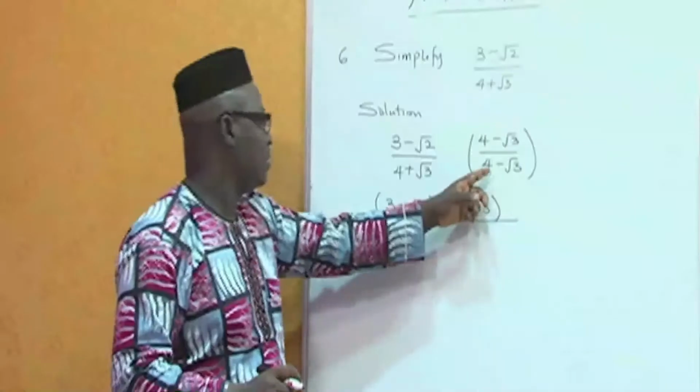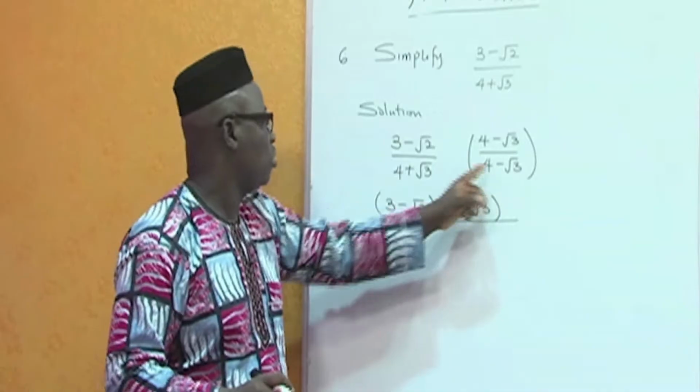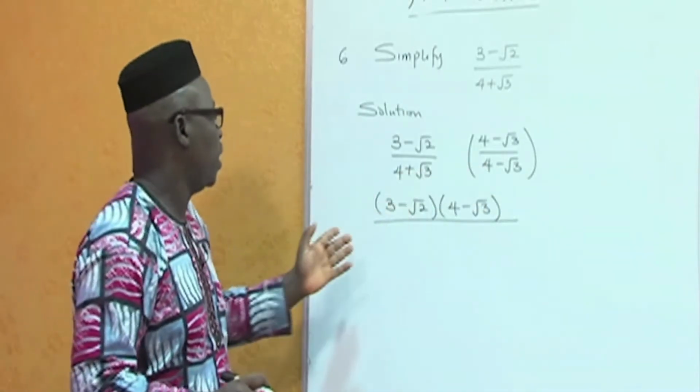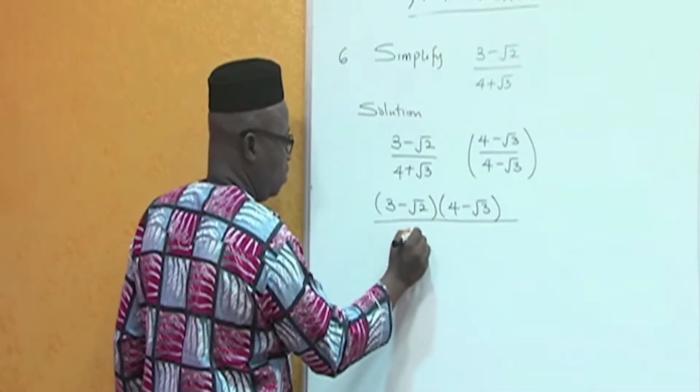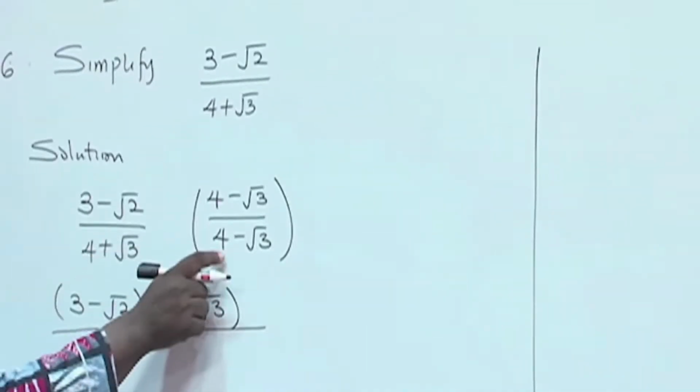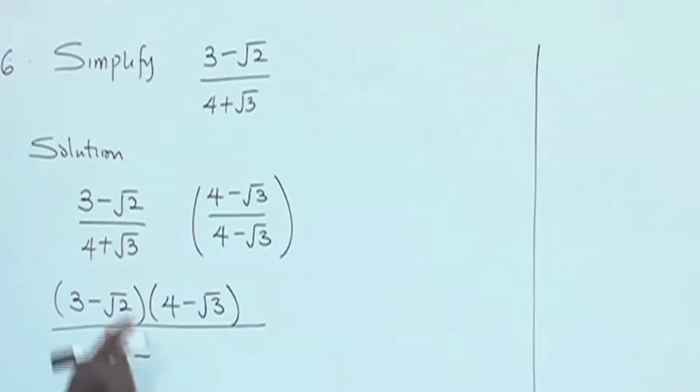If you look at this, we have the expansion of difference of two squares. So instead of doing an elaborate work here, I can write this to be 4 squared, that is the square of the 4. It will always be minus, then root 3 squared.